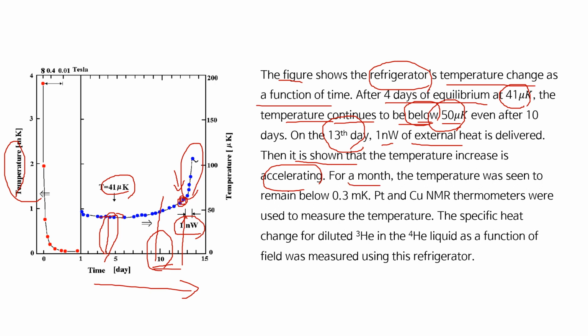For a month, the temperature was seen to remain below 0.3 millikelvin. Pt and copper NMR thermometers were used to measure the temperature. This apparatus was used to study the specific heat change for diluted helium-3 and helium-4 liquid as a function of field. So using this refrigerator, this research was performed.